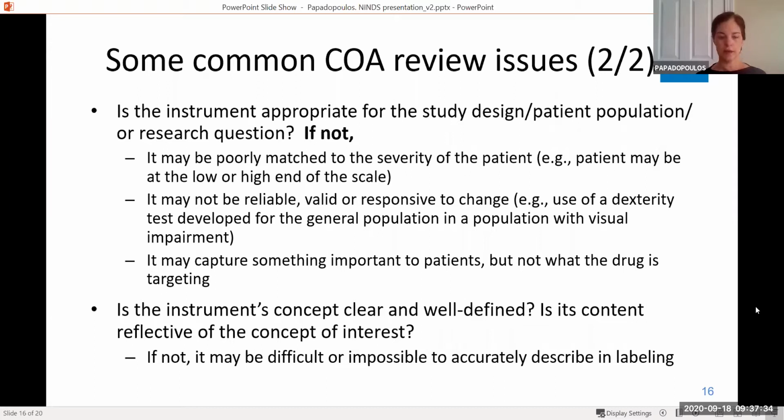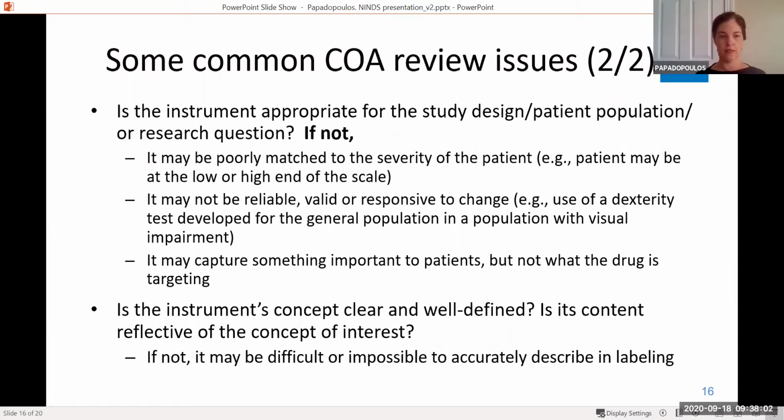It may not be reliable, valid, or responsive to change. For example, use of a dexterity test developed for the general population wouldn't be appropriate for use in patients with visual impairment, for example. It may capture something important to patients, but not what the drug is targeting.